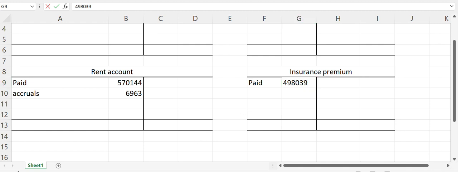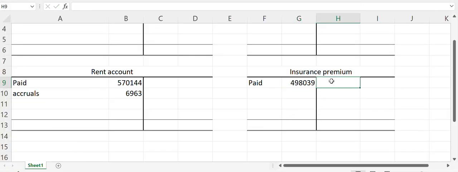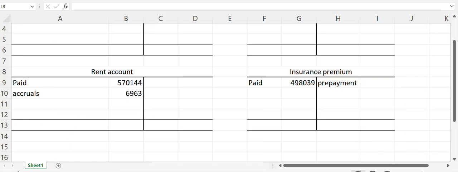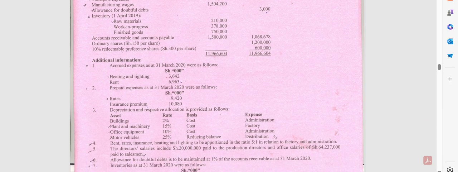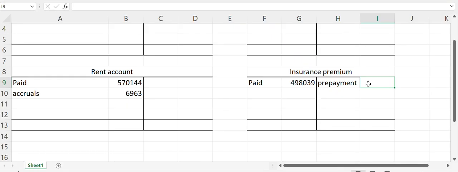Let me confirm. 498,039. Yeah, it's okay. So we have the prepayment. For insurance, it was 10,080. So we have 10,080.